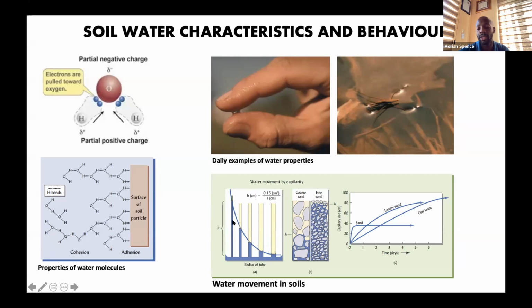So what this is showing is that if you double the diameter of the bore, then you basically halve the movement of the water up the column. So in your sandy soil, you would expect that your capillary water would be a little bit more retarded than say in your clay soils.